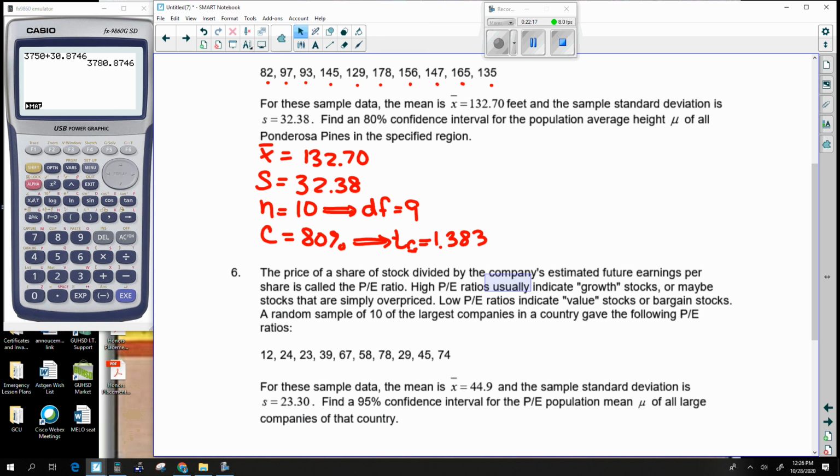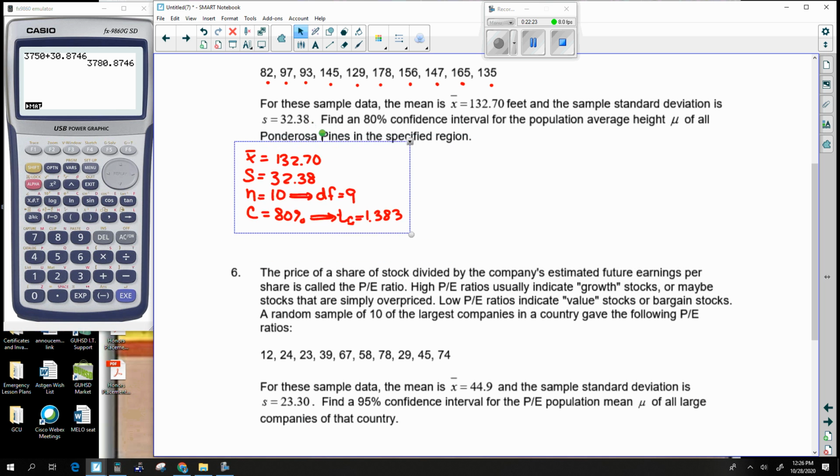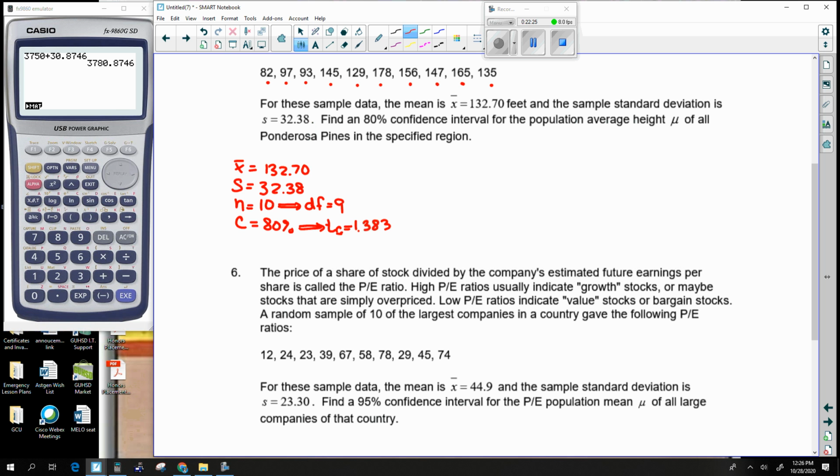Now we have all the stuff, and now it's just following the formulas and plugging and chugging. So the margin of error is TC S divided by the root of n. Again, n is still the number 10, so don't accidentally plug in the number 9 for that.